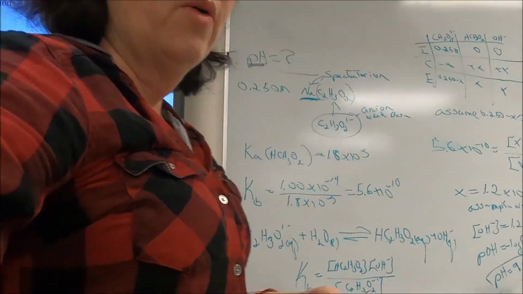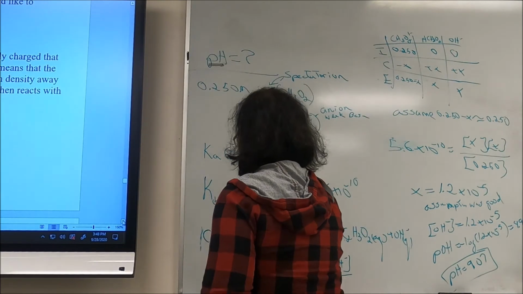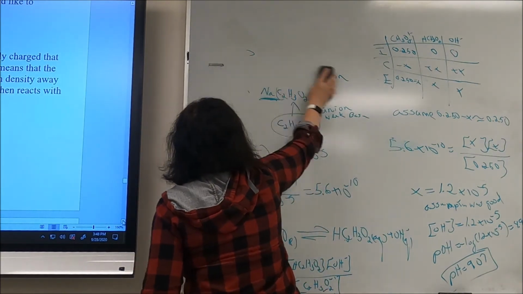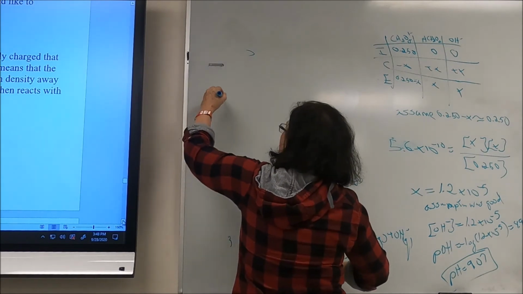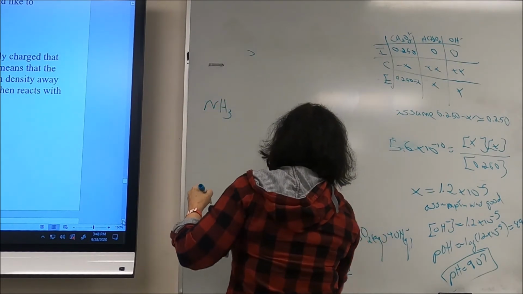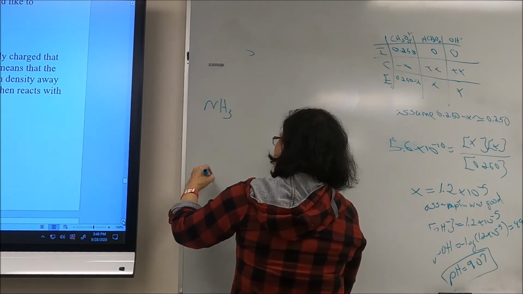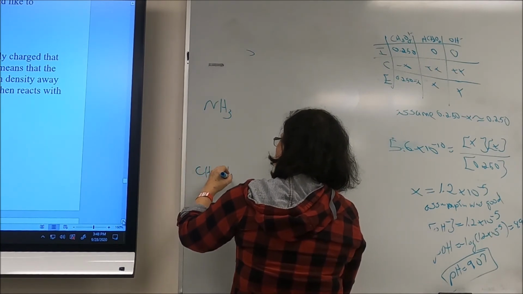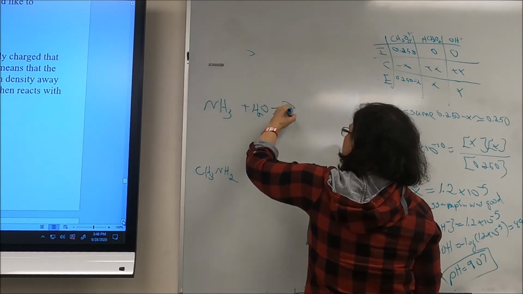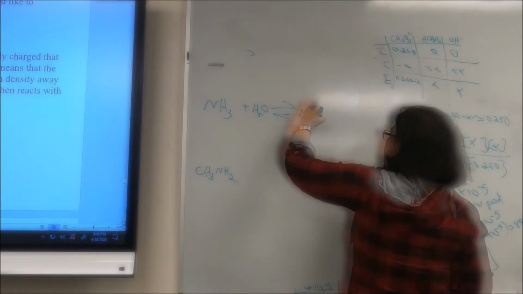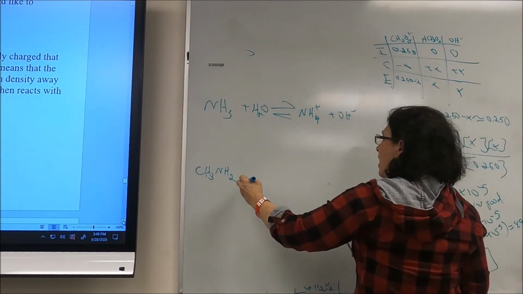Now, what do I mean by cation weak acids? Well, if we think about ammonia, which is a neutral weak base, or something like methylamine, CH3NH2, when they react with water, they produce the ammonium ion and a hydroxide ion.